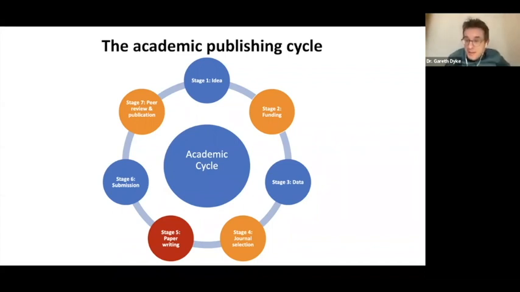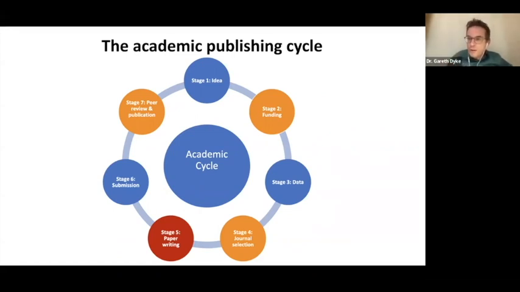And you may remember this slide from our previous session as well, the old academic publishing cycle, the old academic publishing hamster wheel. As we go around and around this wheel, we end up as authors after journal selection, after article writing, after submission, in that peer review stage of the publishing cycle.